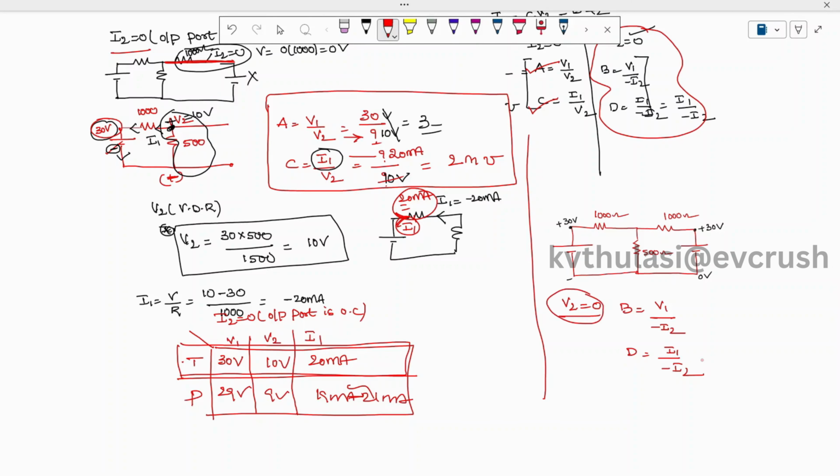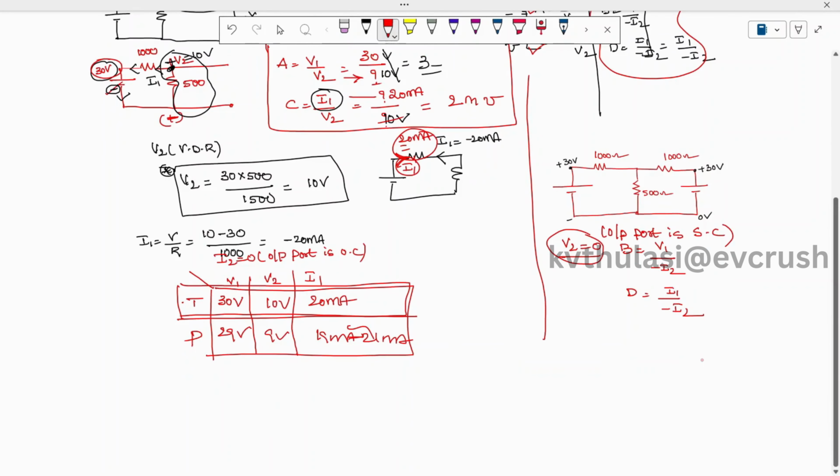Here, V2 is 0 means the output port is short circuited. So we have to make this output port short circuited. Let me redraw the network.